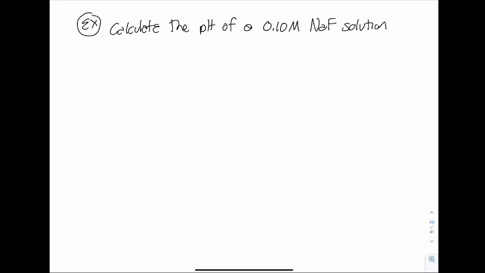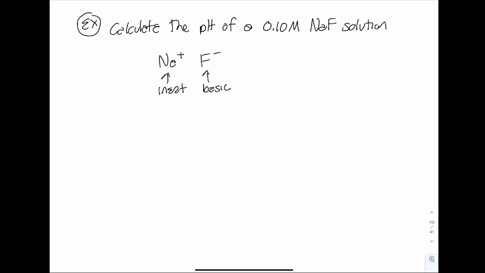So really the first step is doing what we did in the last chapter: breaking the salt apart, determining that this is inert, and that this is basic. It's not an anion of a strong acid. It's the anion of a weak acid, which is basic. It is going to accept a proton and form hydroxide ions and HF in this case.